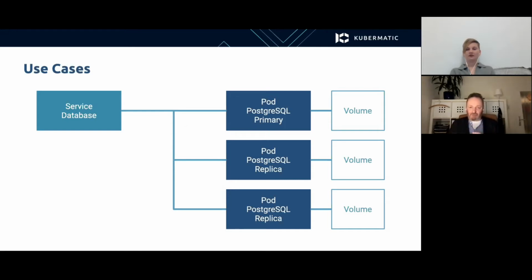And then we have 3 pods, and the first pod is the primary pod, and the 2 other pods are replica pods, for example, and they all have their individual volumes, or even more modern and scalable databases, which are scalable, for example.